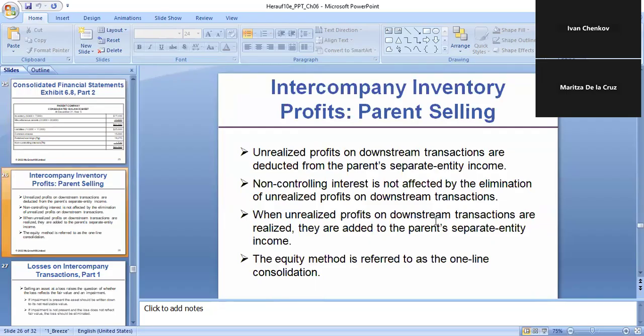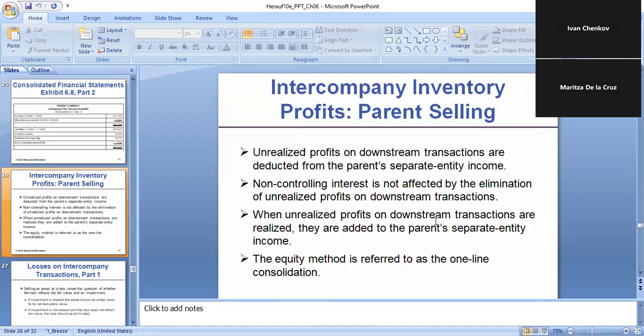Now that was when we had the upstream. As you can see, the upstream is a little bit more tricky because the non-controlling interest will be affected. Now with the parent selling, we're going to have a downstream. The unrealized profits on the downstream are deducted from the parent's separate entity income, and non-controlling interest in this case is not affected.